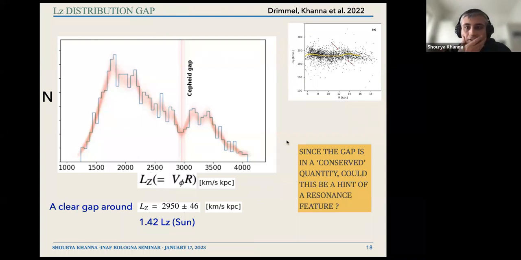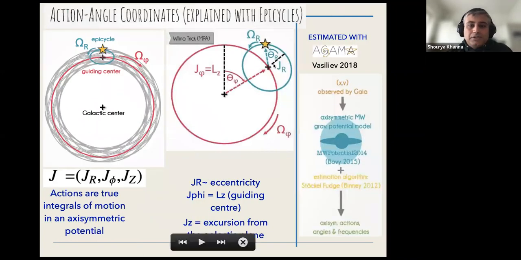So to explore this further, we actually then went ahead and looked at a different space. I won't spend too long on this, but basically you can also look at conserved quantities in terms of action angle coordinates. You've already seen one of these, which is the J phi, but essentially these coordinates just come from the fact that as stars orbit around the galaxy, they do so in epicyclic orbits around a guiding center.